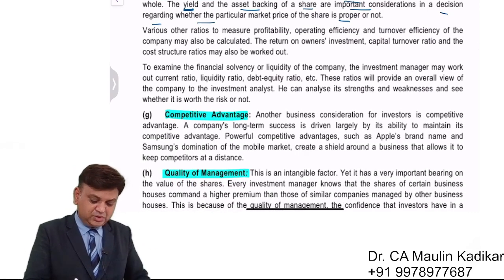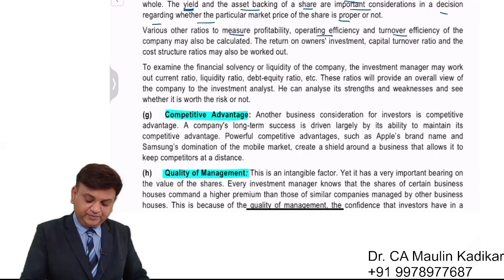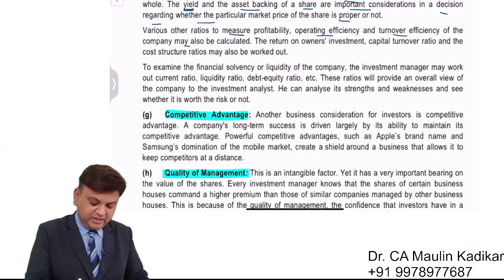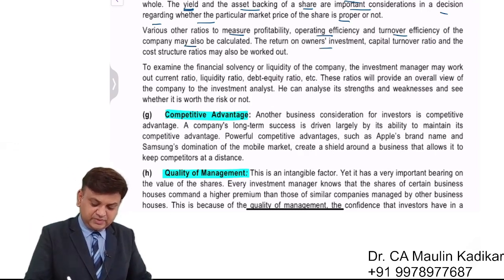Various other ratios to measure the profitability, operating efficiency, and the turnover efficiency of the company may also be calculated. The return on the owner's investment, capital turnover ratio, and the cost structure ratio may also be worked out.